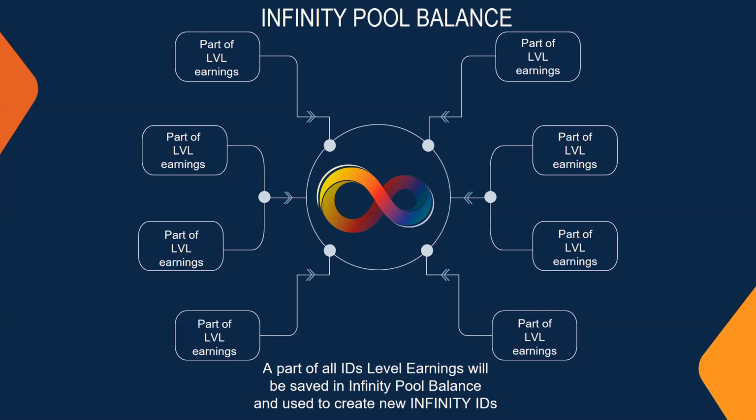So even the Infinity IDs will also be contributing to generate their own pool, right? These are the points of how beautiful the system is and how well conceived it is, let's say. So a part of all IDs' level earnings will be saved in the Infinity Pool balance and used to create new Infinity IDs.